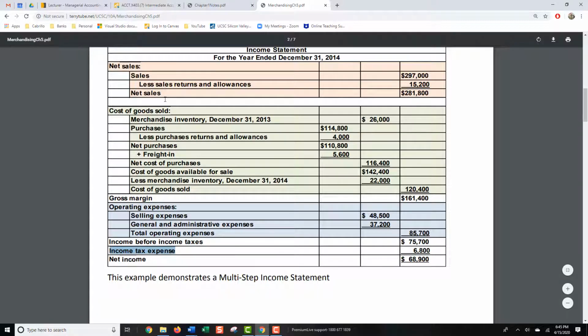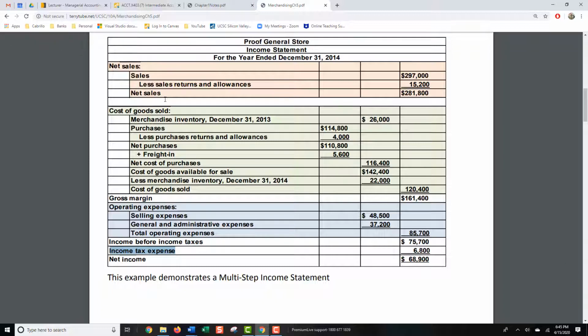For cost of goods sold, because we're in merchandising, you now have inventory. Under a periodic system, you're going to calculate what your cost of goods sold is. You take your beginning inventory plus your purchases, and you'll calculate your net purchases.